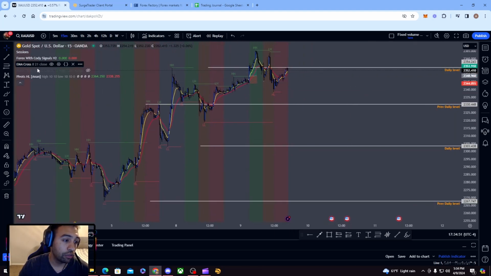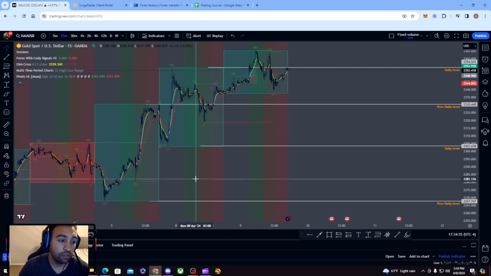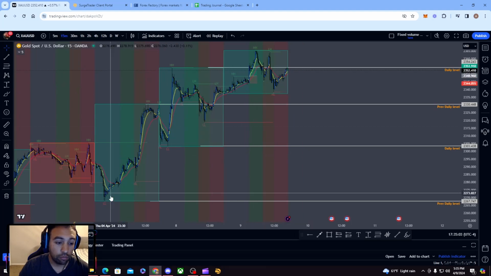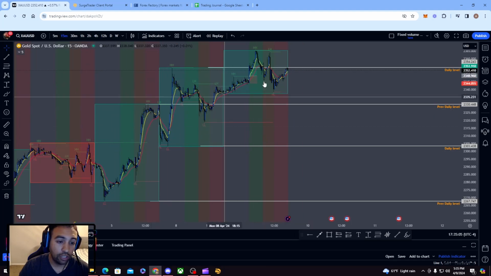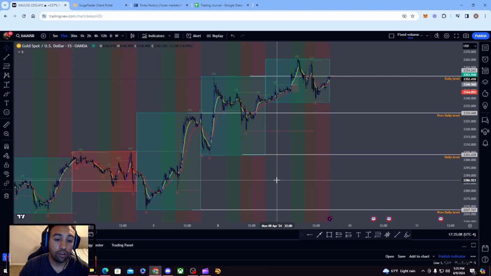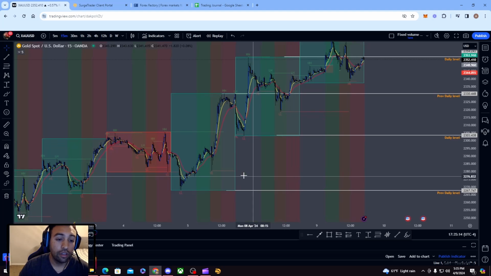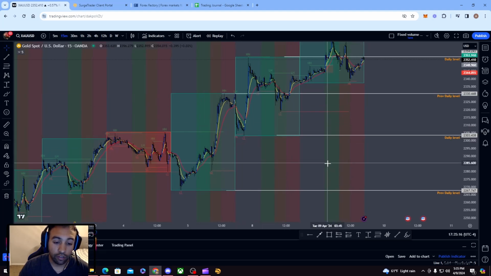I use this multi-time period indicator that allows me to see higher time frames on a lower time frame chart. So right now I'm looking at the 15-minute, but as you can see, these big green boxes are daily time frame candles, minus the wicks. You don't see the wicks. Anyways, that's where the levels came from.